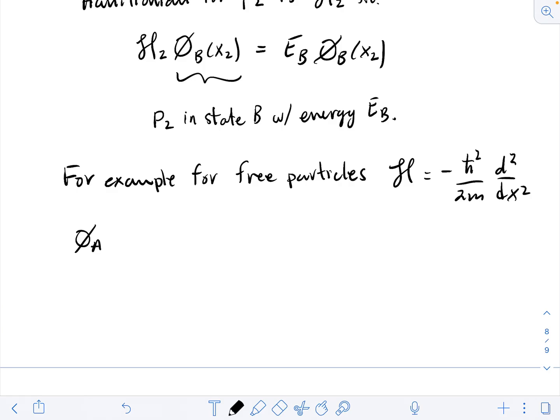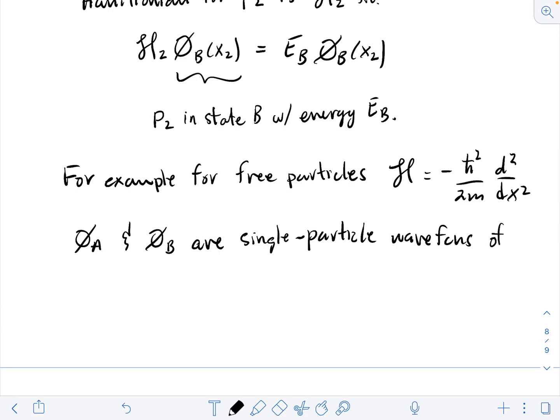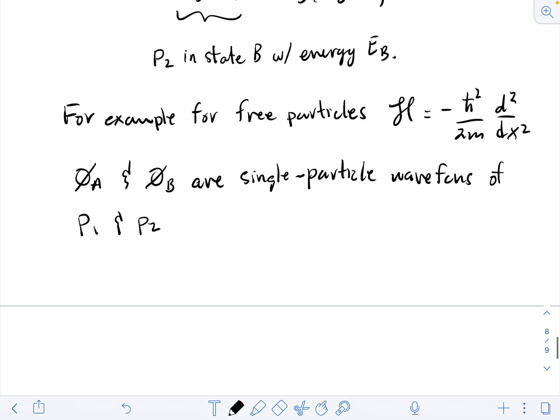And these wave functions, phi A and phi B, are the single particle wave functions of P1 and P2.